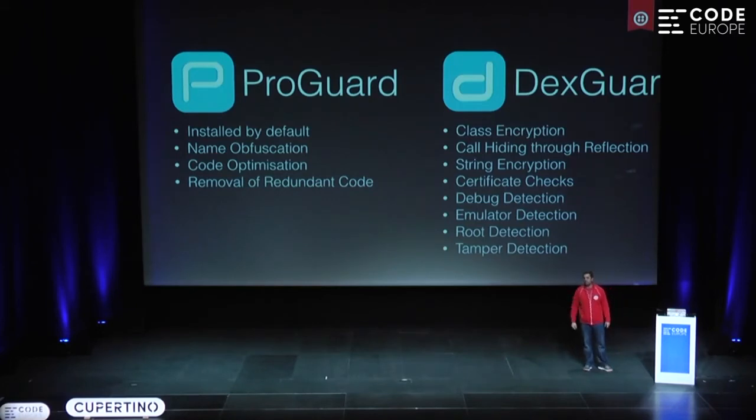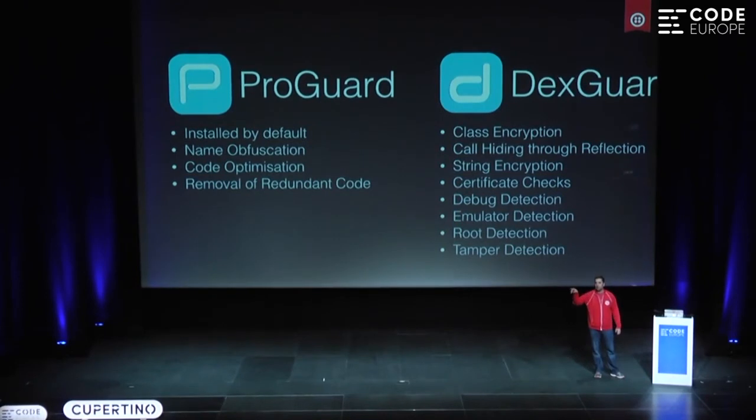It removes redundant code. And removing redundant code also means that all of those logs that you left in there will disappear because they shouldn't run when your application is in release mode. This is important because if someone changes it to debug, they'll be able to see your logs. Name obfuscation is also important because you may call your method get user account, and this is going to change your method to banana. And that's going to be way less readable.